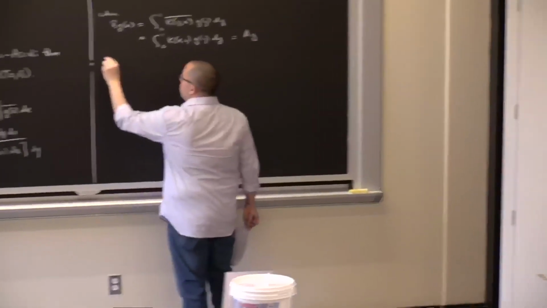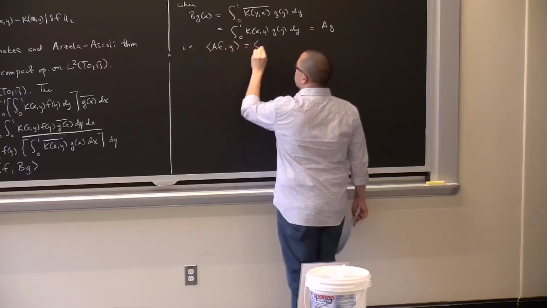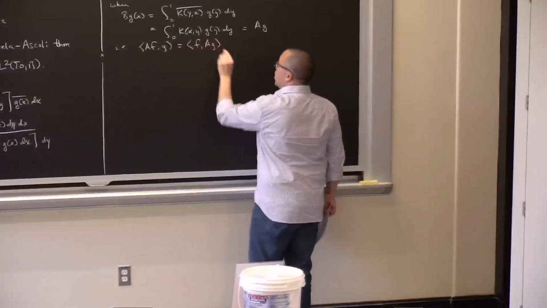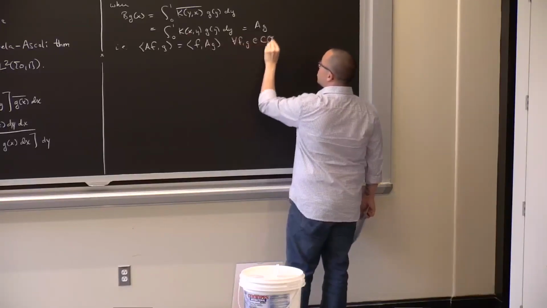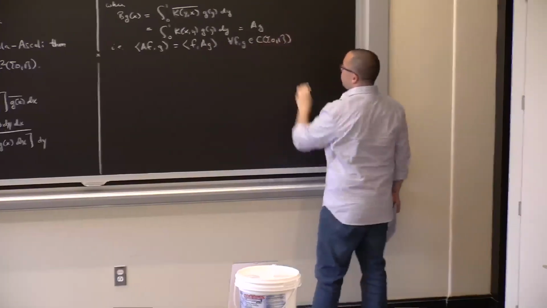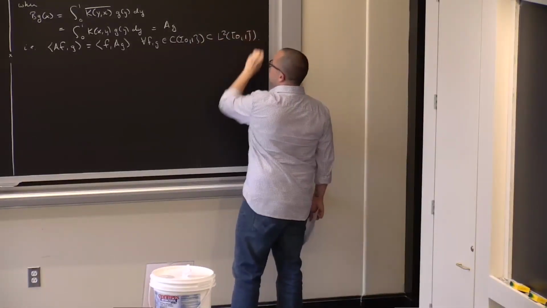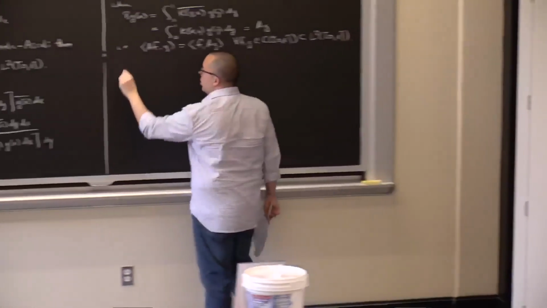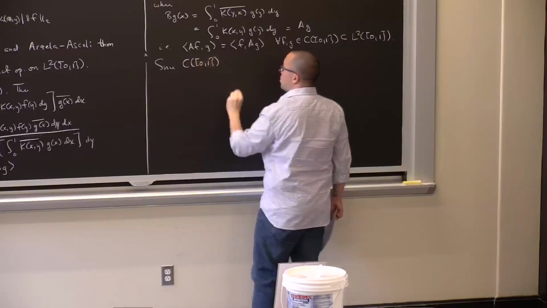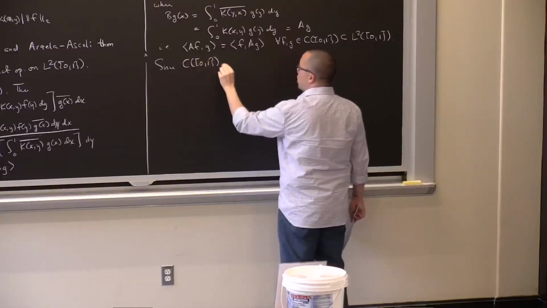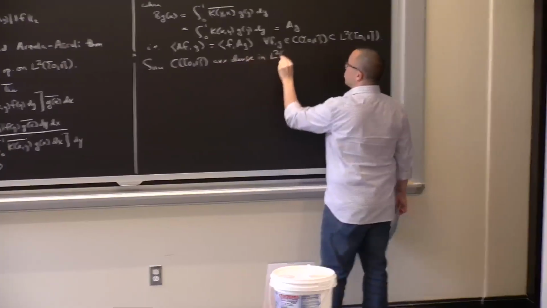So we've proven that Af paired with g equals f paired with Ag, for all f, g which are continuous, which, remember, is a subset of L2 on 0, 1. But not just a subset, it's a dense subset, since continuous functions on 0, 1 are dense in L2.